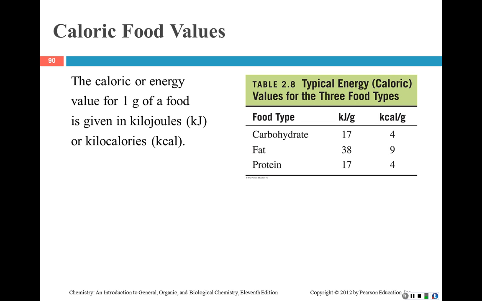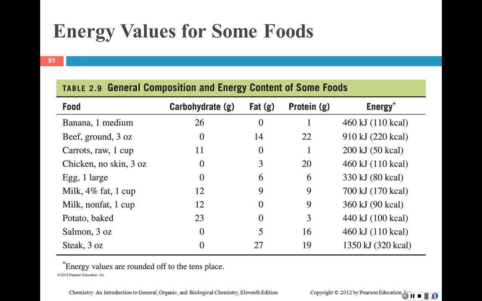And if you notice something interesting, carbohydrates and proteins give you the same amount of energy. Fat gives you twice as much, at least, of energy. And so you get 4 kilocalories per gram out of carbs or proteins, but you get 9 kilocalories per gram out of fat. So it's much more caloric in nature.